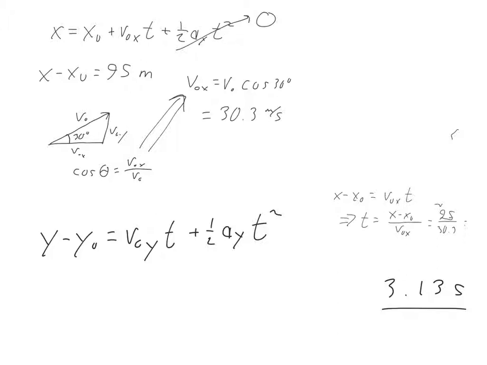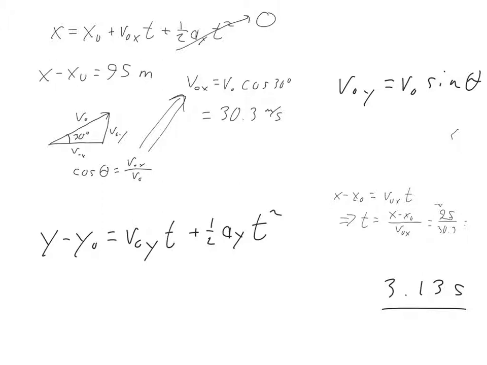We know that the velocity in the y direction is going to follow the same sort of trigonometry that we did here, but in this case we're going to be relating it not with cosine, but with sine, and using the same logic. So we'll find that v naught y is equal to v naught times sine of 30 degrees, sine of that theta.